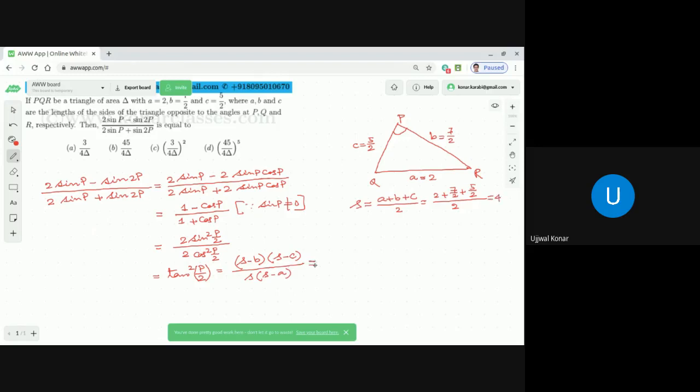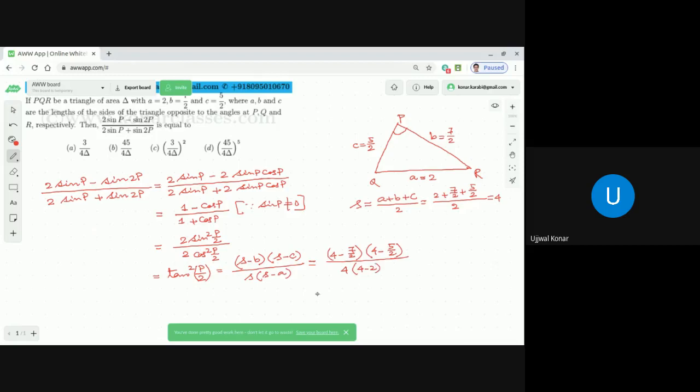So we can apply these values here: (4 minus 7 by 2) into (4 minus 5 by 2) divided by 4 into (4 minus 2).